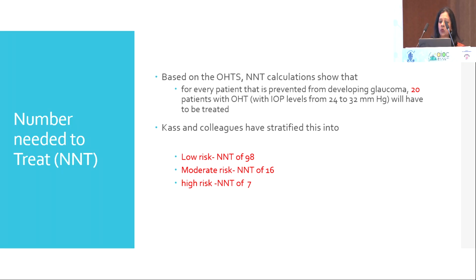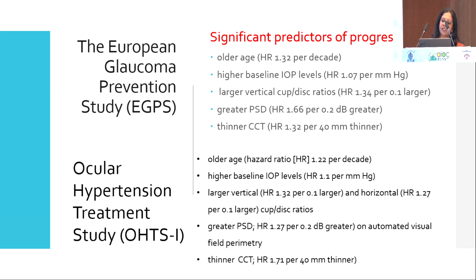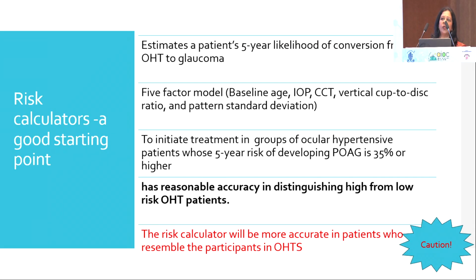In low risk OHT, the number needed to treat was 98. In moderate risk, it was 16. And in high risk, the NNT was 7. There's another study, the European Glaucoma Prevention Study, EGPS, conducted around the same time as OHTS 1, which also showed similar results. So where do we start?